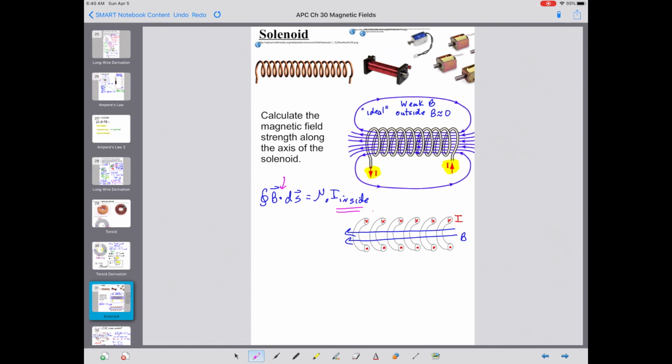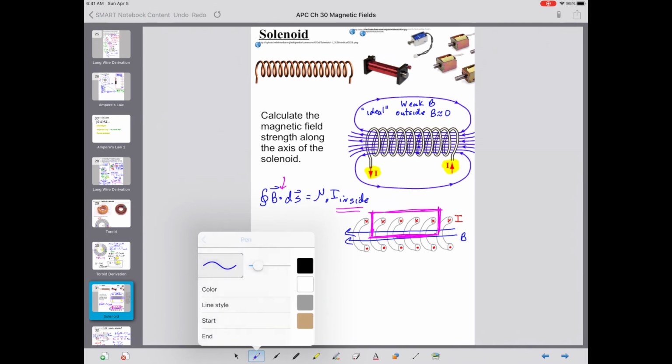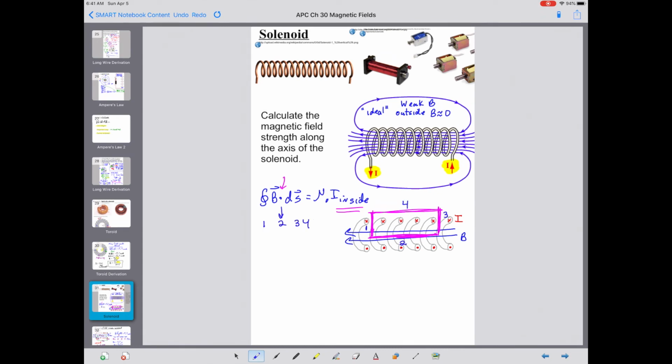So I'm going to draw my loop such that I have a line here, then I work my way across, and then I come up, and then I work my way across. So that's basically a rectangular Amperian loop, numbering our sides. To evaluate this, we have to evaluate for sides 1, 2, 3, and 4.